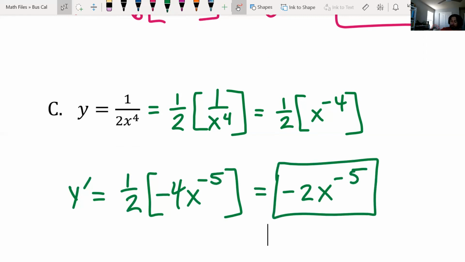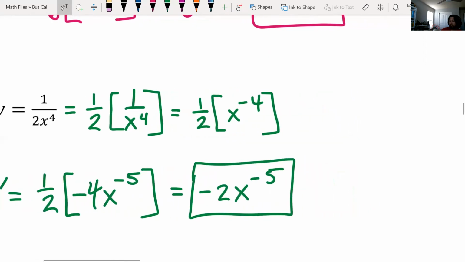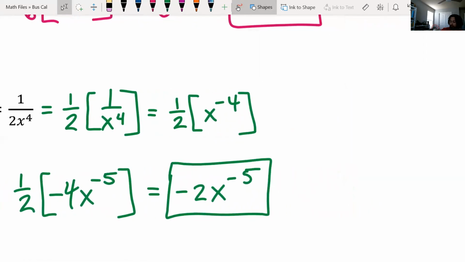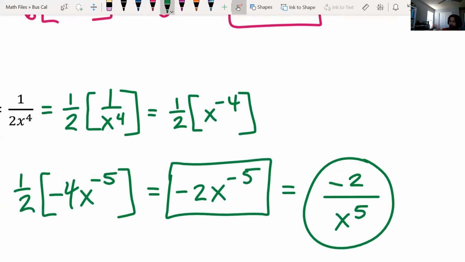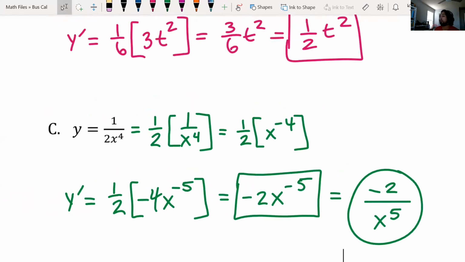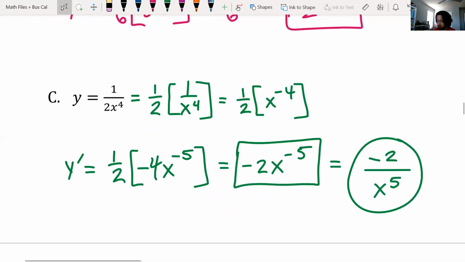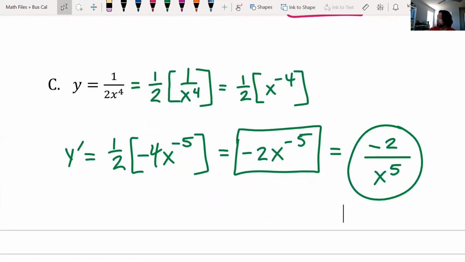Okay, and once again, that is a perfect answer, but if it wants you to rewrite it, we'll rewrite it as negative 2 over x to the 5th. All those rewrites, right? Everybody good with that?